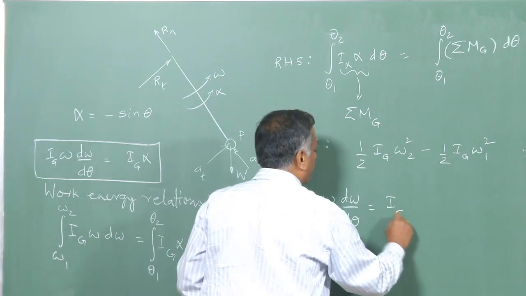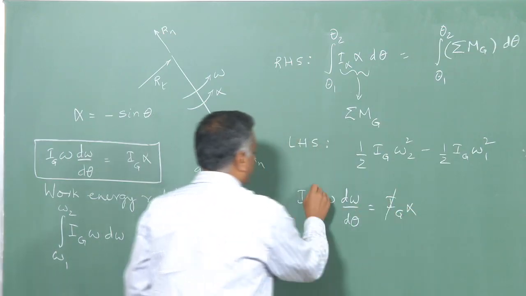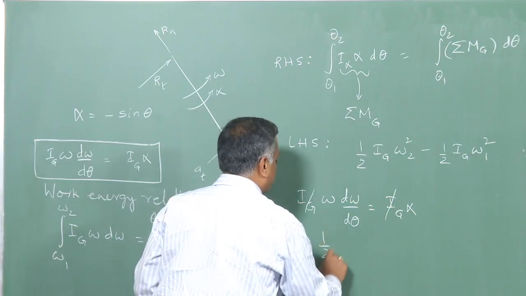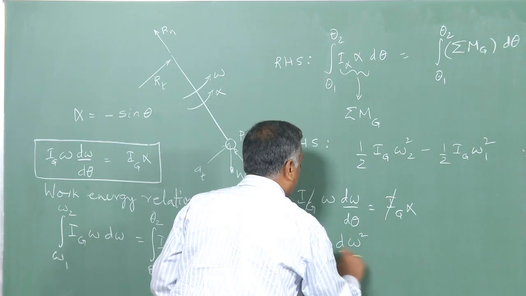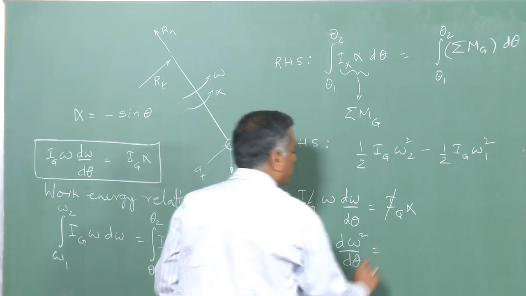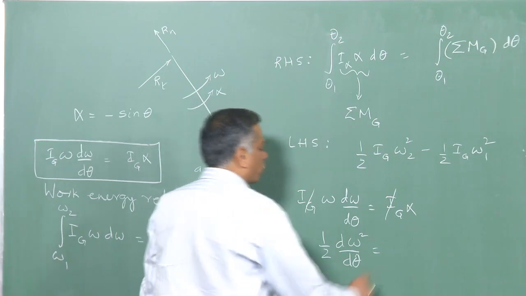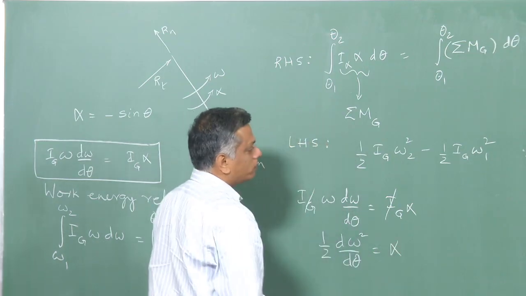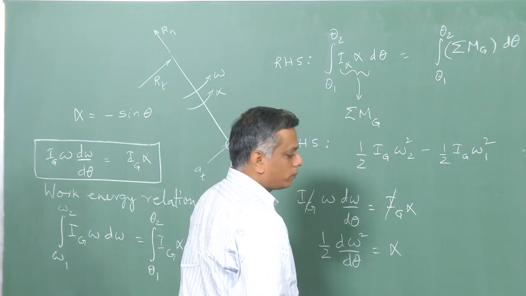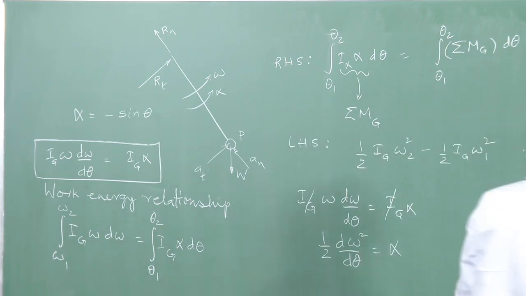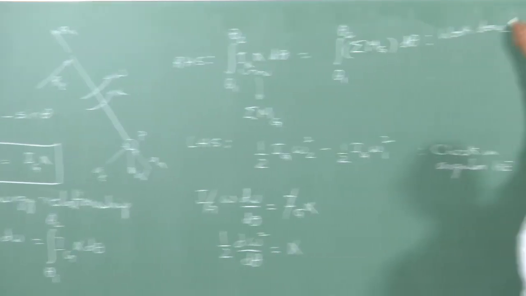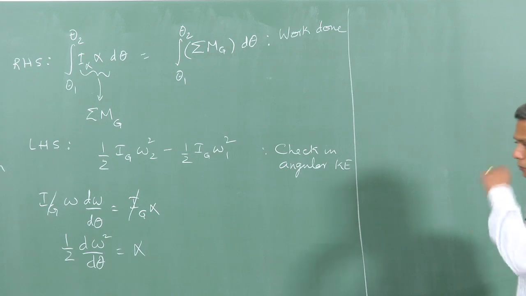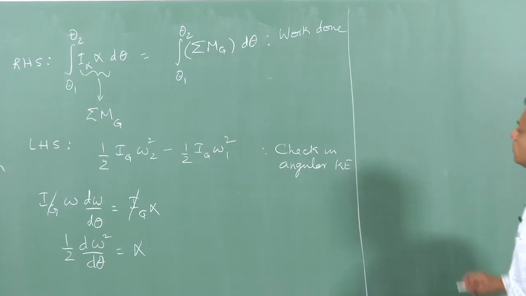Okay, so if I do that, Ig omega d omega equals Ig alpha d theta, and Ig can be cancelled out. So essentially this is half of d omega squared over d theta equals alpha. So if I go back and see what we had before, alpha is minus sin theta.